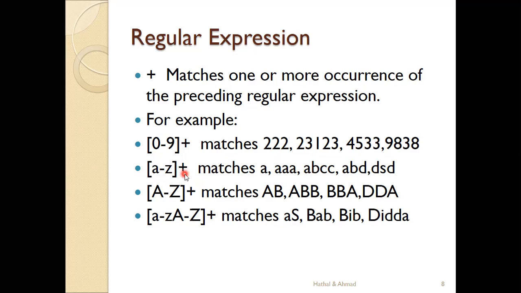In the same way, the same notation is also applicable to small a to z. It's a character class which starts with a and ends with z. So we select a character as a, and you can repeat the selection of this a any number of times, or the first time you select a, and then again you can select one more character.